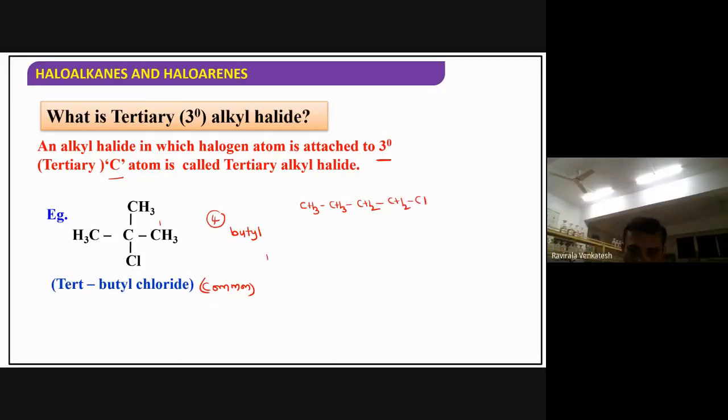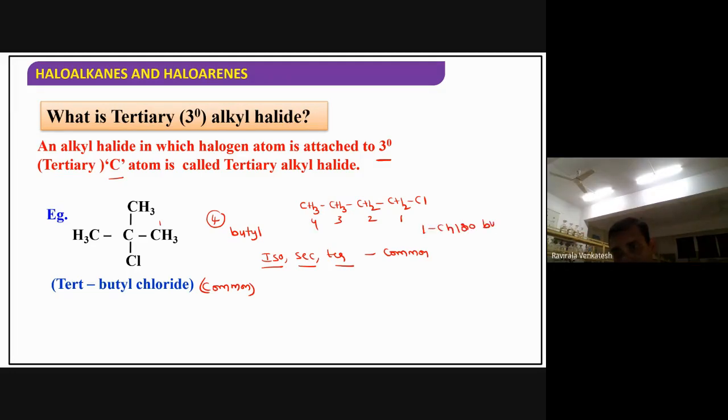When you write iso, secondary, or tertiary, these all come under common nomenclature. So this one, numbered 1, 2, 3, 4, is actually called 1-chlorobutane.